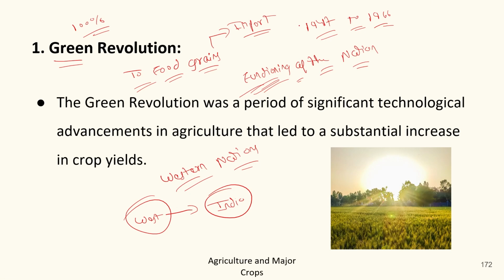Then suddenly something happened. Why? We lowered, not discontinued exactly, the import of food grains from 1966 onwards. So what happened at that time? That's the main question.